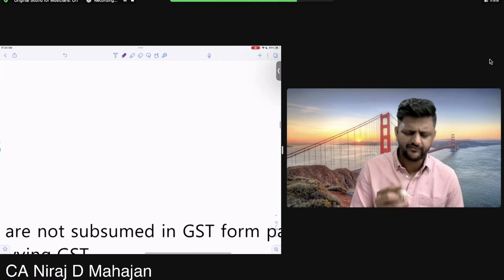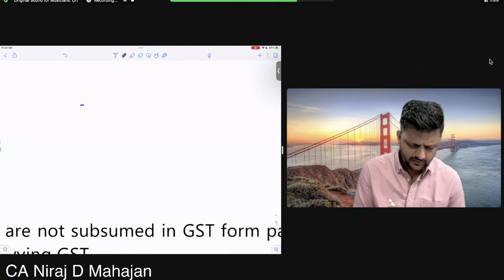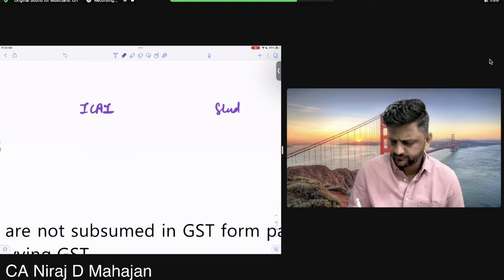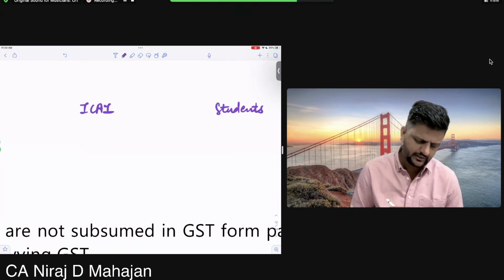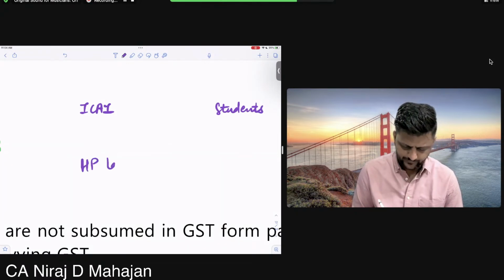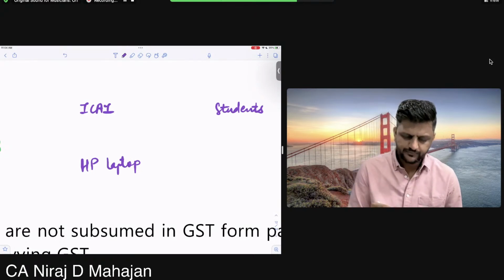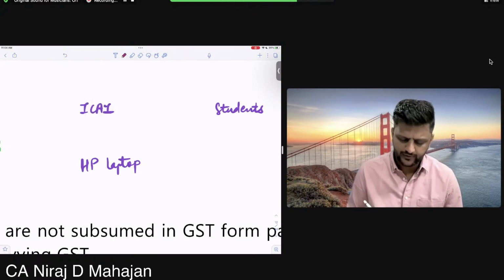Let us say the ICAI also has this example. ICAI and its students. And let us say it was, I think, an HP laptop. This is just an example. Now, pay attention, don't write down.